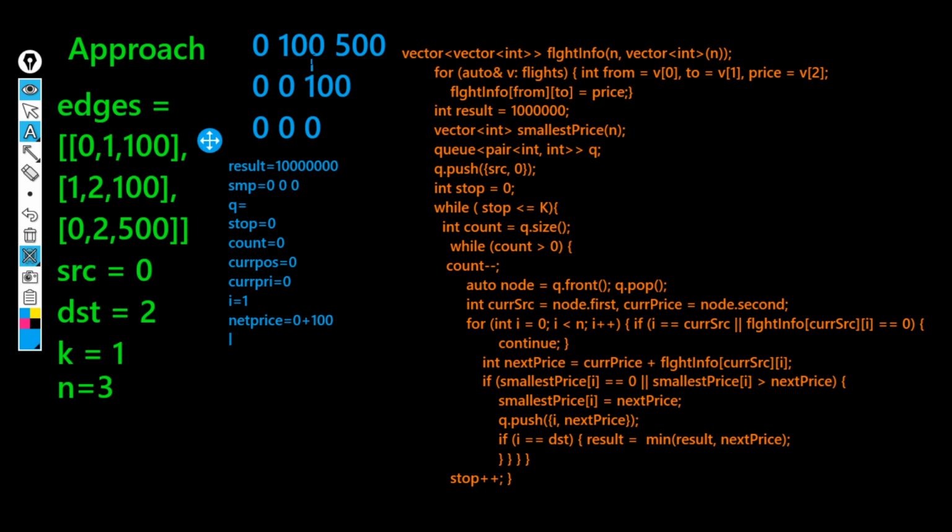After this I will check if it is equal to 0 or if this value, the next price, is less than, so the next price will be 100.